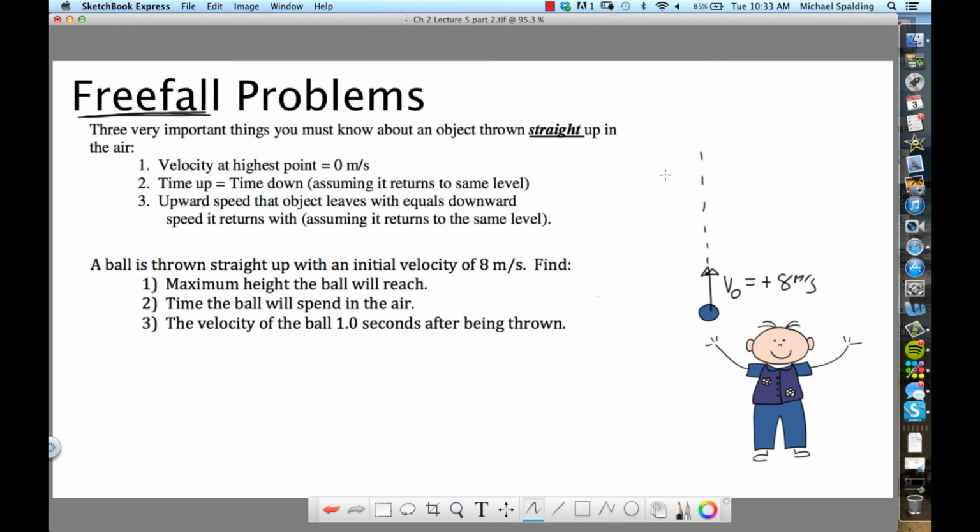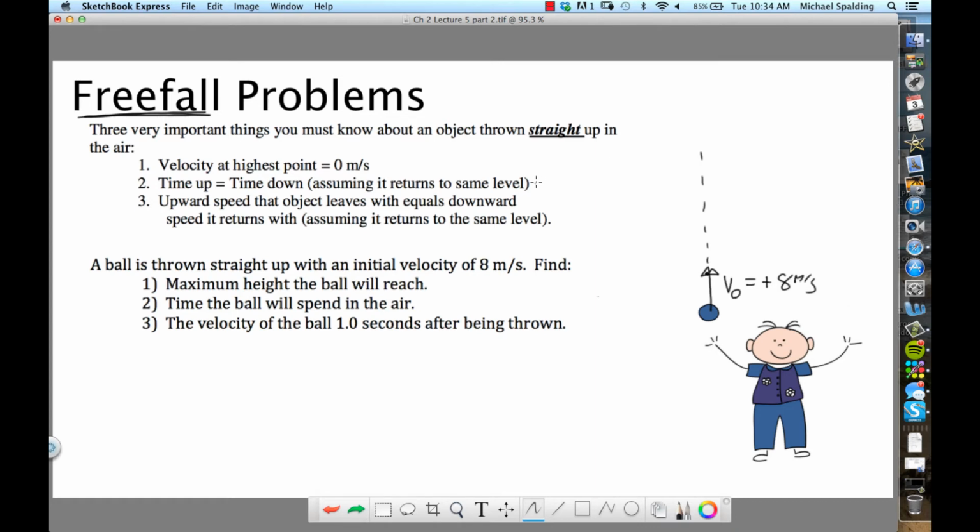It's kind of weird to think of an object going up as being in free fall, because free fall has the word fall in it. What does fall make you think? Down. But just be aware, an object can be going up and be in free fall, because the only force on the ball as it's going up is gravity.